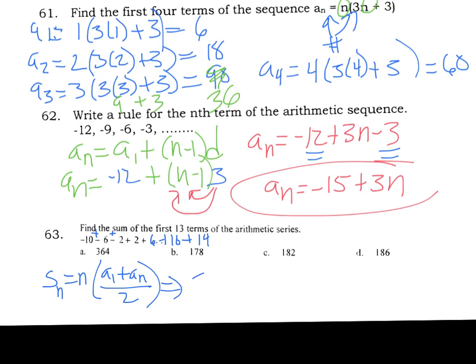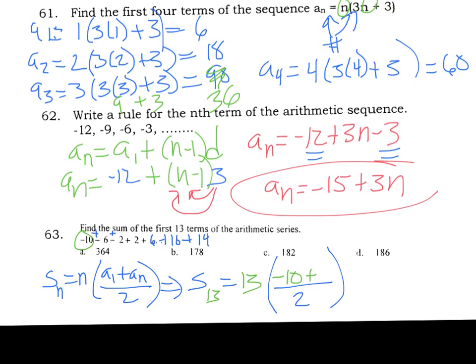We want the sum of the first 13 terms. And you'll notice the n shows up right away, so I'm going to put another 13 there. And then I need the first term, a1, well, a1's right there, negative 10, plus the last term, not sure what that is, but I know I'm going to divide by 2.